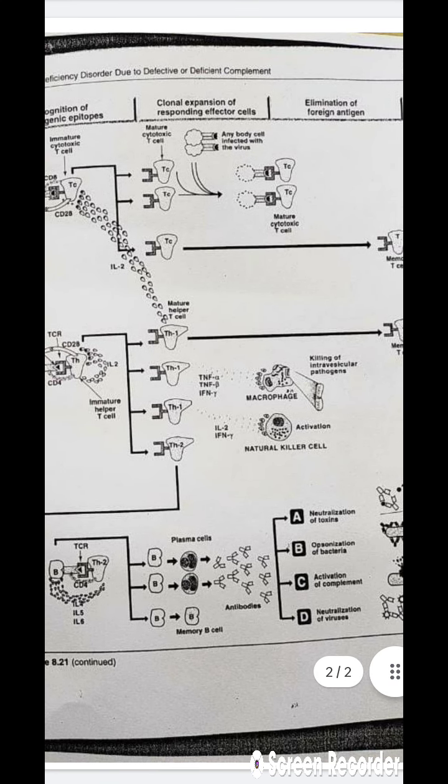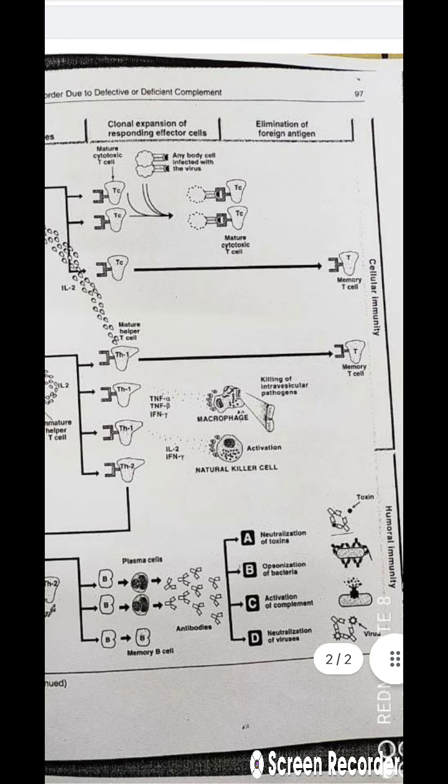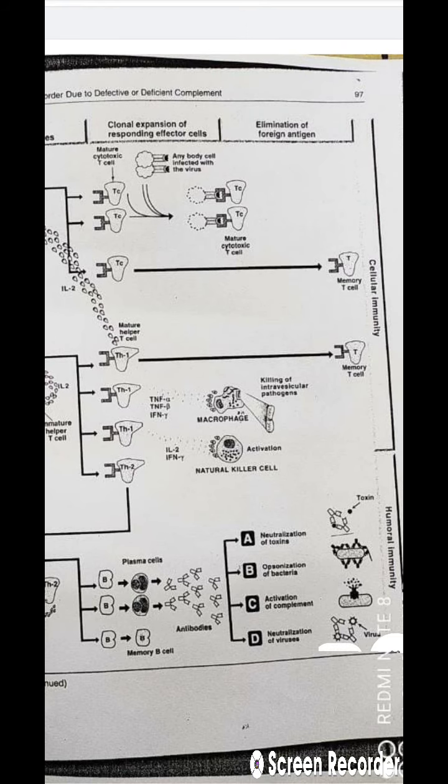Besides that, this helper T cell releases some cytokines that activate the macrophage and natural killer cell that kill the bacteria. Okay. Besides that, some Th1 becomes memory T cells. What is the function of memory T cells? Suppose any bacteria enter the body and stimulate this subtype 1 of the CD4 T cells, it takes a memory.